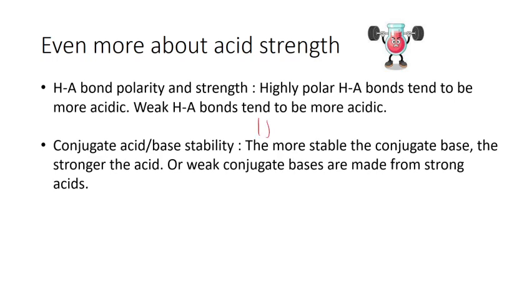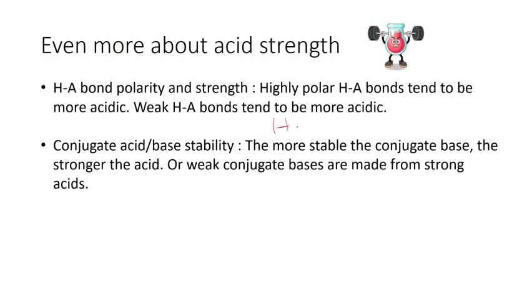Because if we have a highly polar H-A bond, most of the electron density is being pulled over to the A, which means that the H, not having a lot of electron density, can easily leave. The other thing is bond strength.